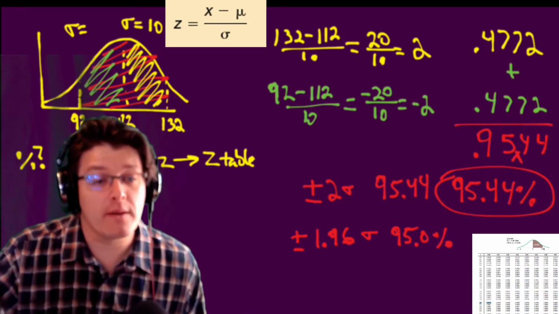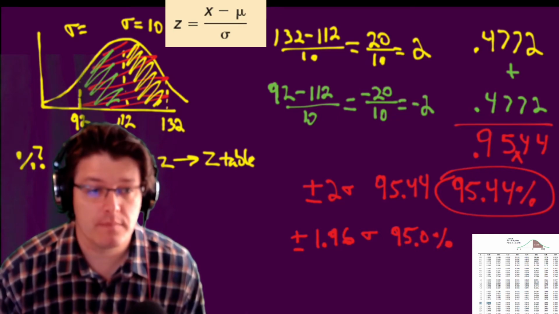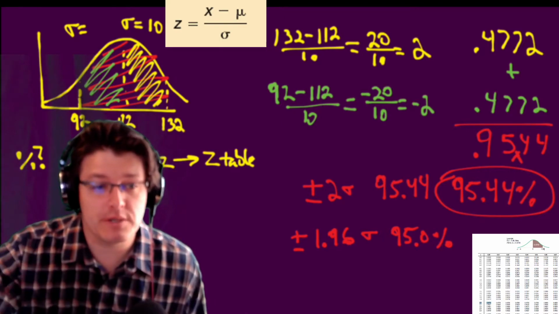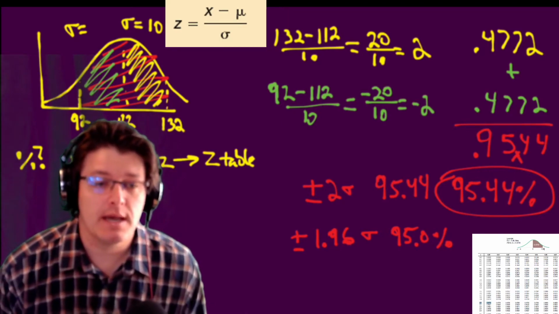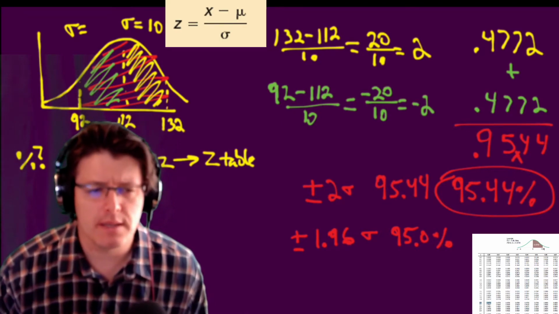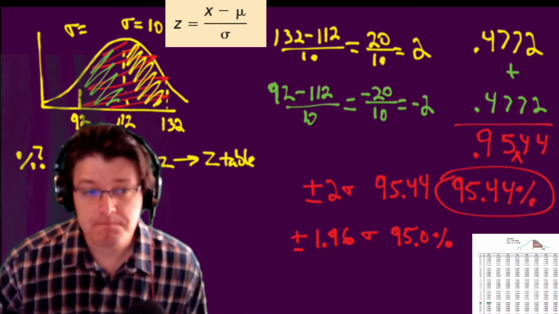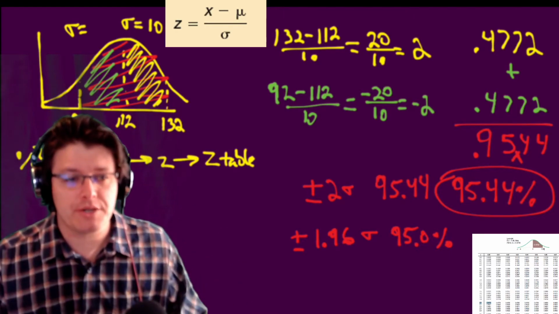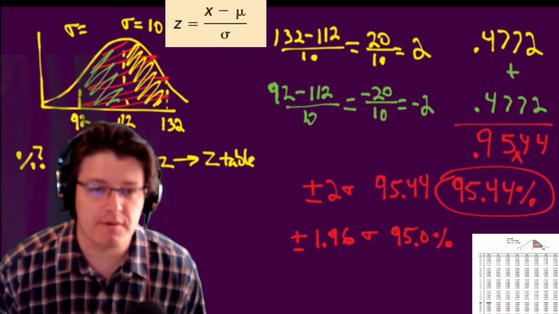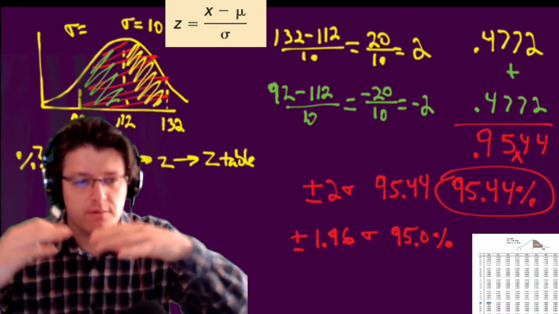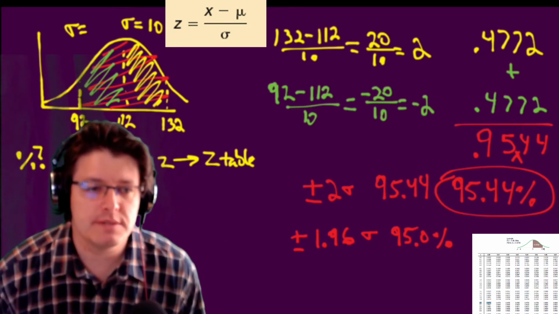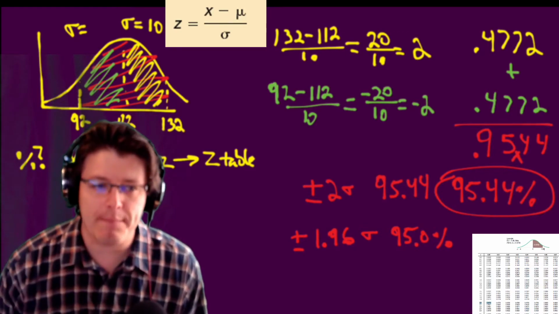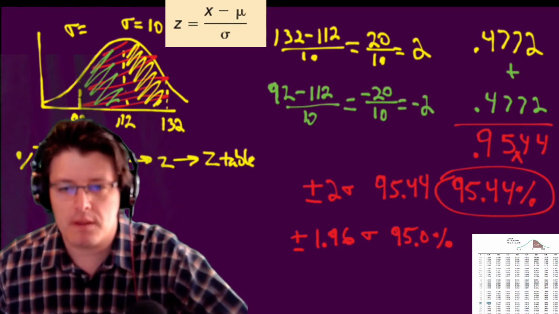But this is kind of where that empirical rule comes from. If we did that for 1 standard deviation, we'd get 68%. And if we did it for 3, it would be 99.7%. So that empirical rule that you learned a few chapters ago, this is where it's coming from. If we crunch the normal distribution z-tables for plus or minus 2 standard deviations, we get about 95%.